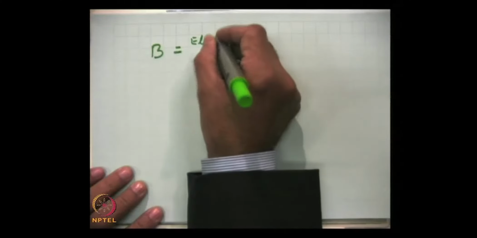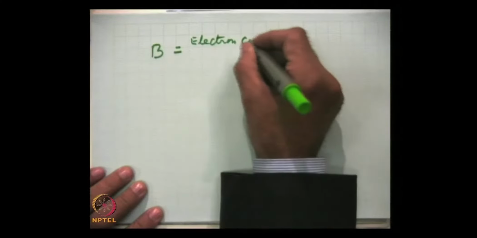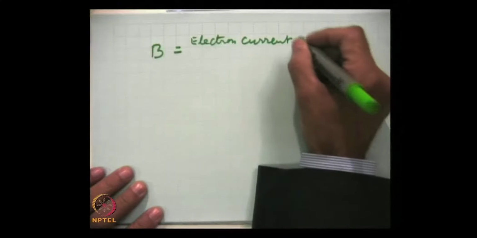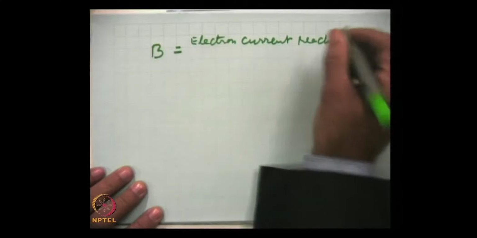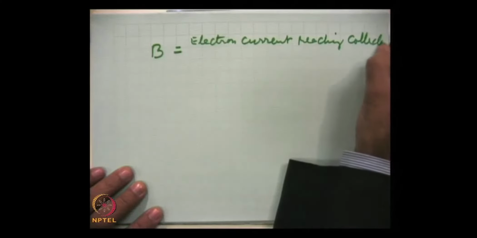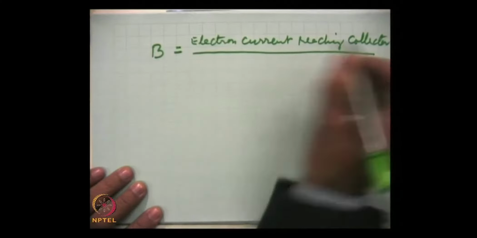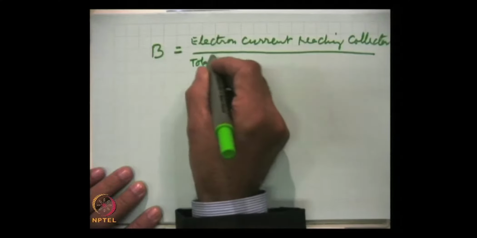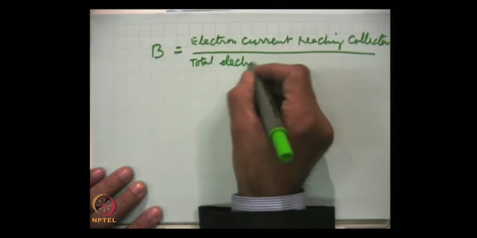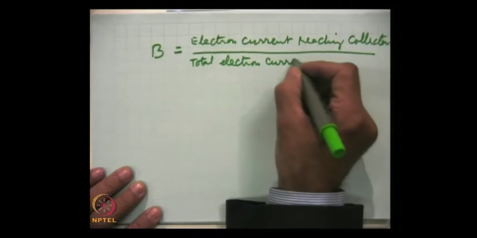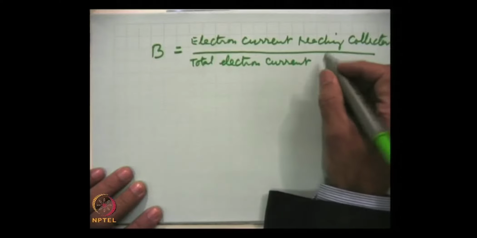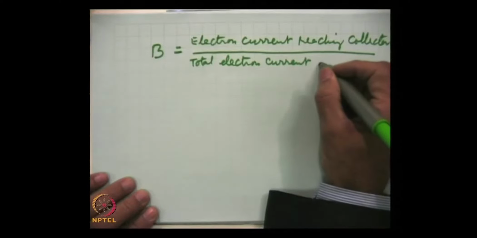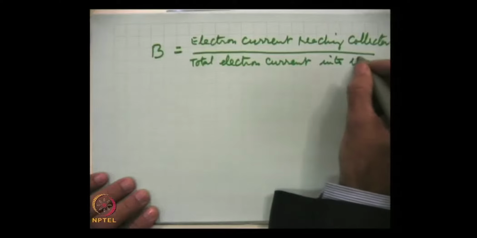So, this is defined as the ratio of electron current reaching collector divided by the total electron current into the base.